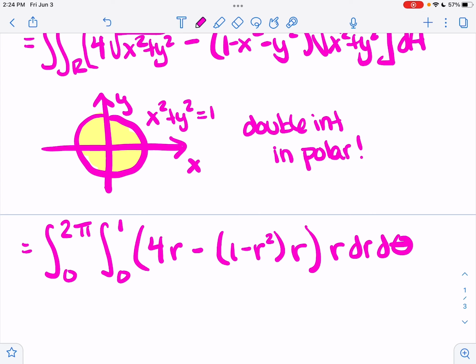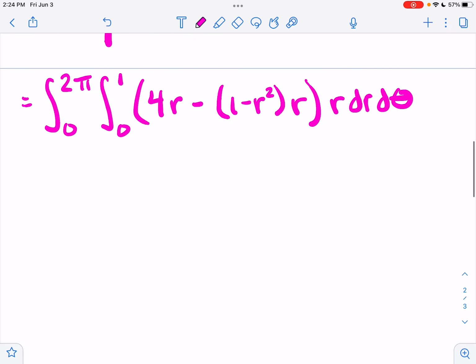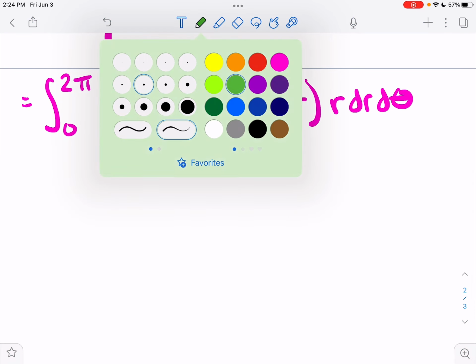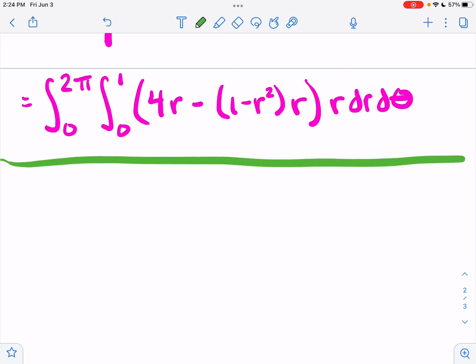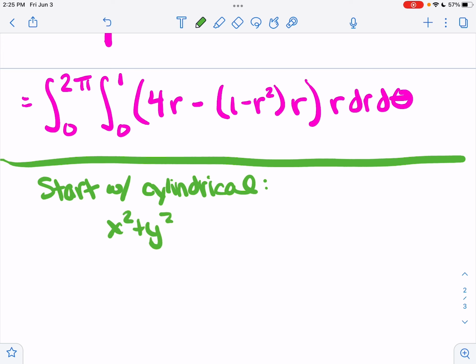And that's if we do this as a triple integral in the way that we did in the last section. Now, this section's about cylindrical coordinates, so we're going to do this again, but in cylindrical coordinates. If we start right out of the gate with cylindrical, then the boundary we have, x squared plus y squared equals 1, is just r equals 1.